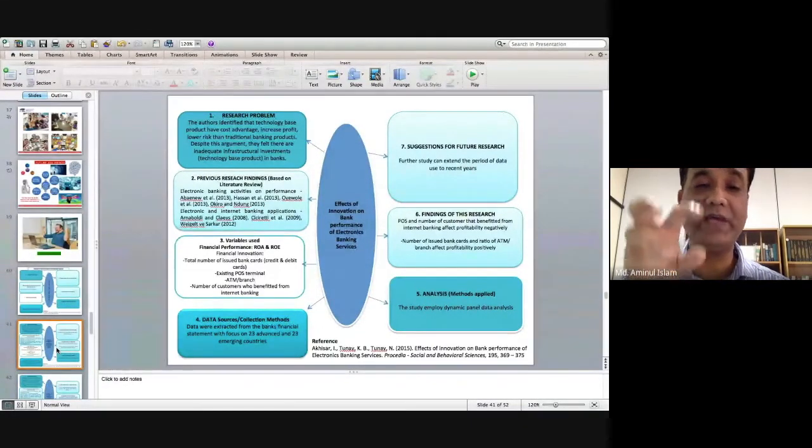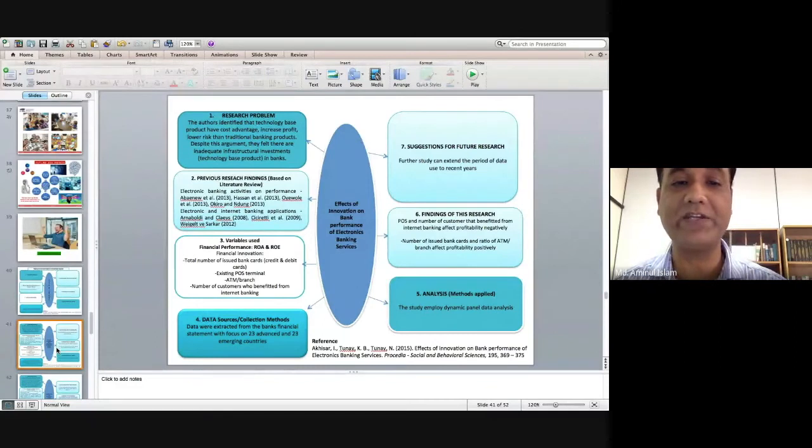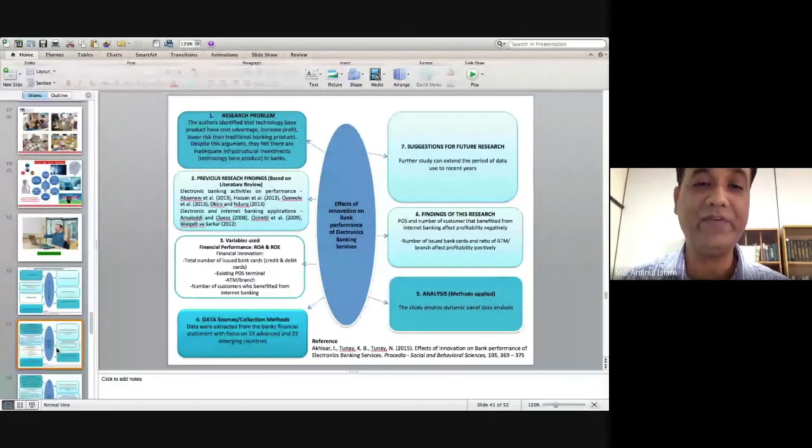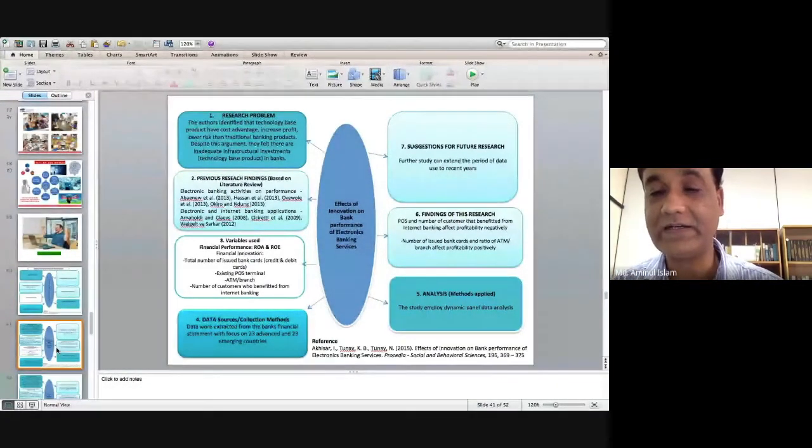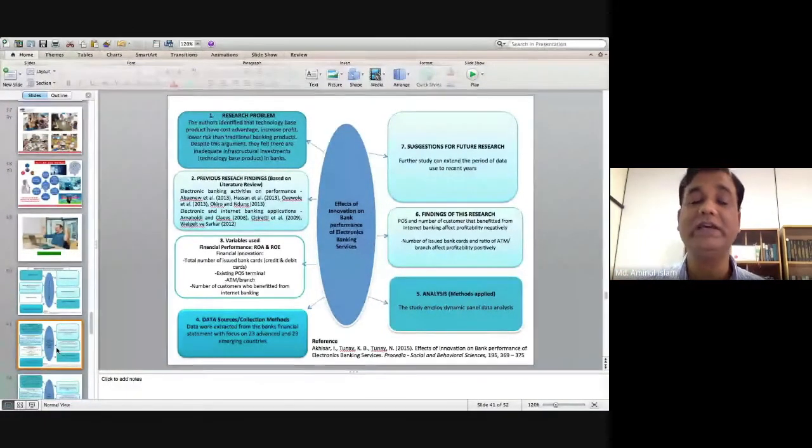You can see that we have identified the research problem they tried to tackle. We look at previous research findings, and then we have summarized the variables used, where they got the data, how they got the data, and what kind of method was used for analysis. We also summarize what findings they have and what they recommend.